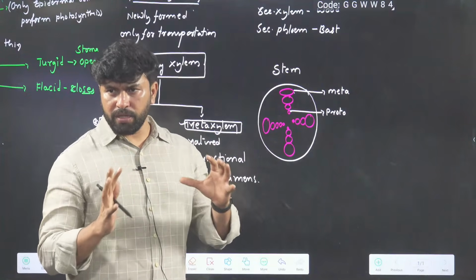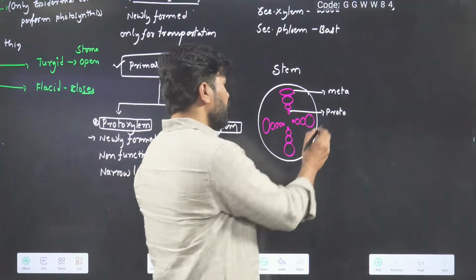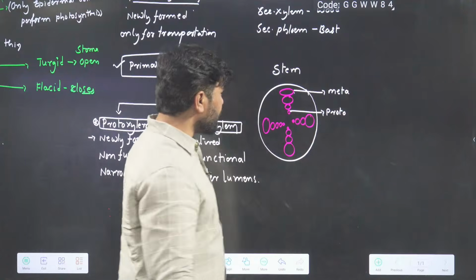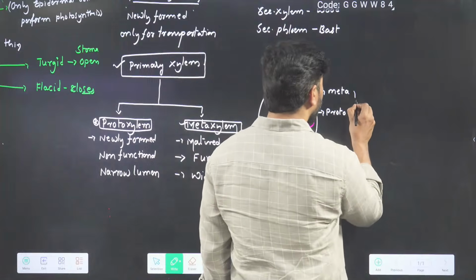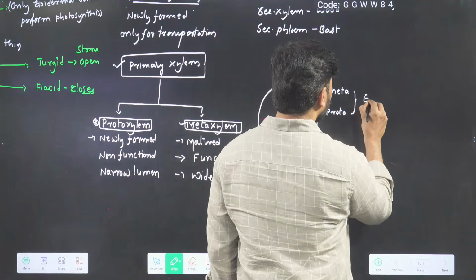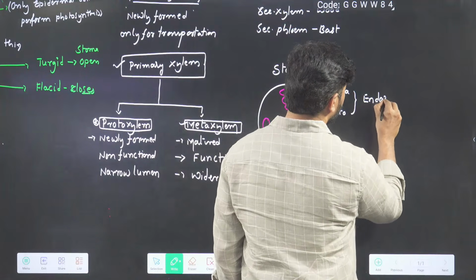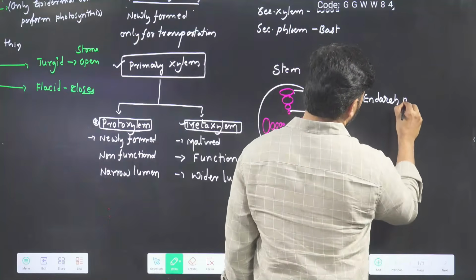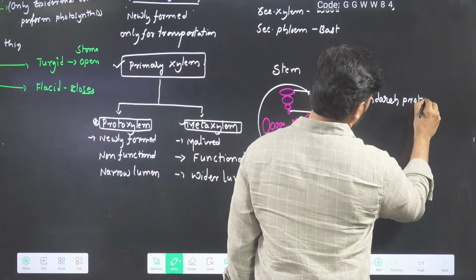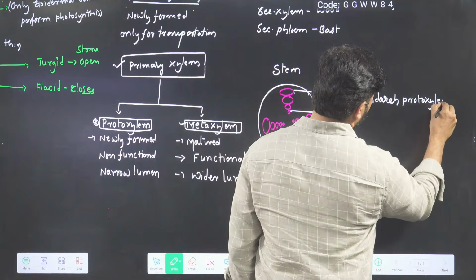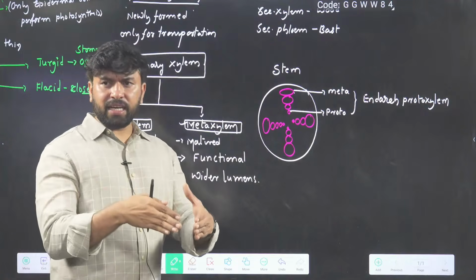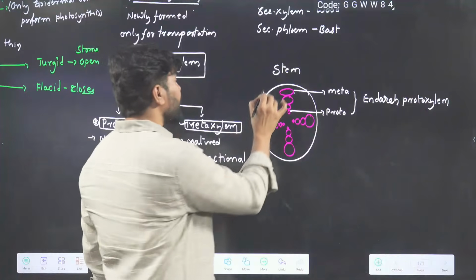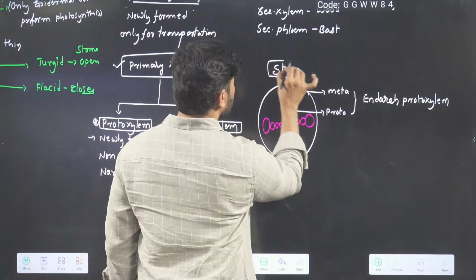Both are xylem only. In that case, if protoxylem is present in the center and metaxylem in the periphery, this mode of arrangement is known as endarch protoxylem. Protoxylem is present on the inner side of the stem. This is the characteristic feature of stem.